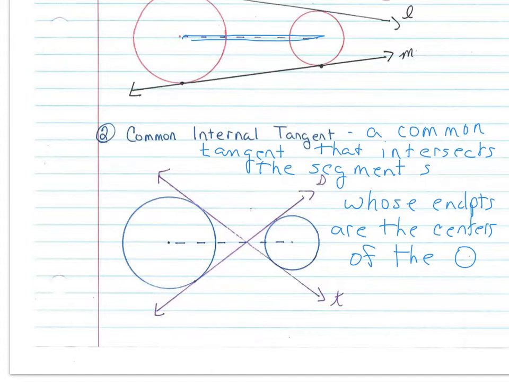Notice it does cross this segment. Now technically, circles like this have both common external and common internal tangents, even if you don't show both. So common external do not cross the line or the segment that joins the circles' centers. Common internal do cross the line that joins the circles' centers.